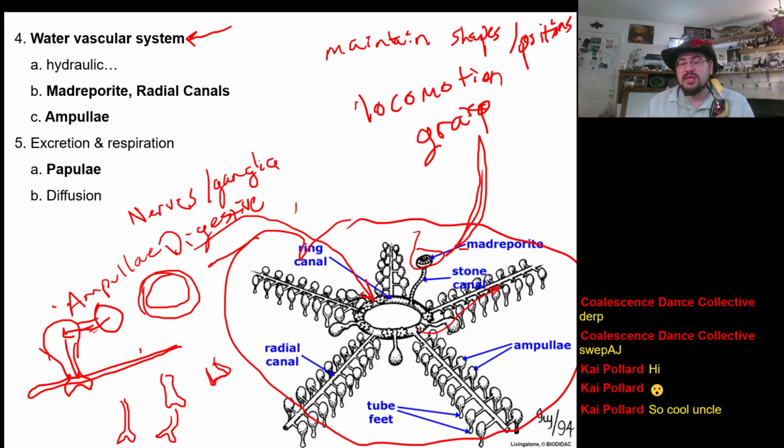The coelom of the starfish is actually continuous with the tube feet, and there are papillae at the end of the tube feet, right? So if we have our tube feet, at the ends of the tube feet, I'm just going to conceptually put some little extensions here.